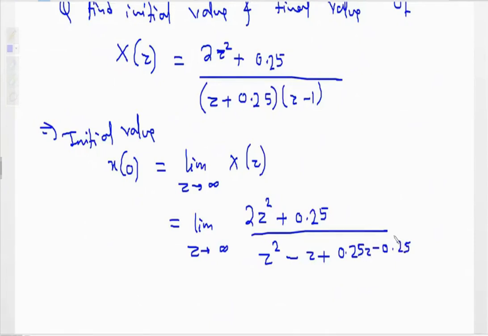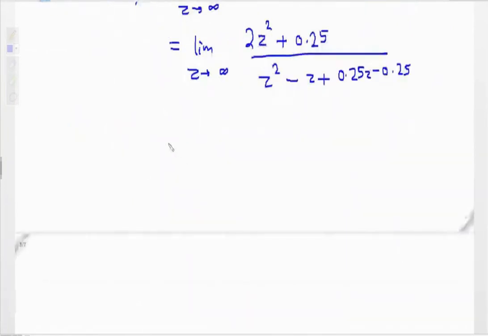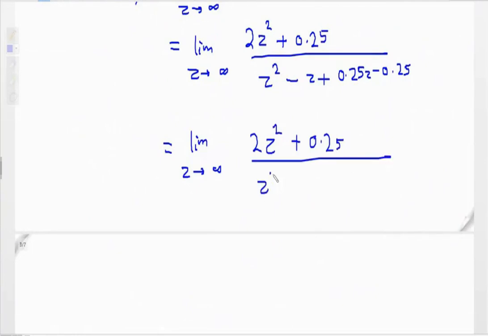That is nothing but limit z tends to infinity of (2z² + 0.25) divided by (z² − 0.75z − 0.25).